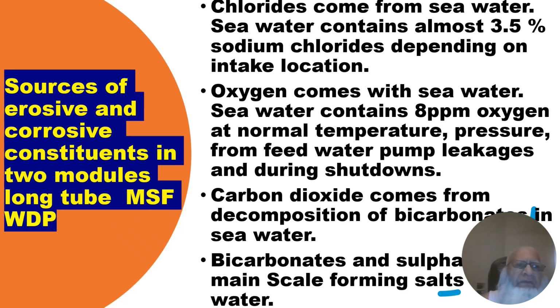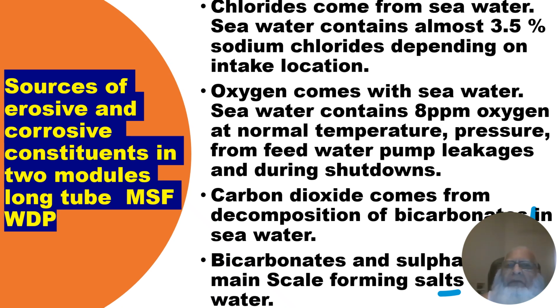Sources of erosive and corrosive constituents in two modules, long tube MSF WTP. Chlorides come from seawater. Seawater contains almost 3.5% sodium chlorides, depending on intake location. Oxygen comes with seawater.